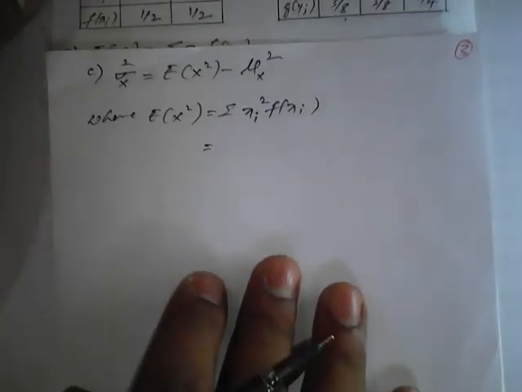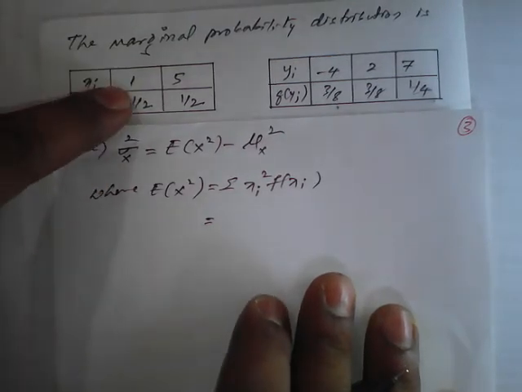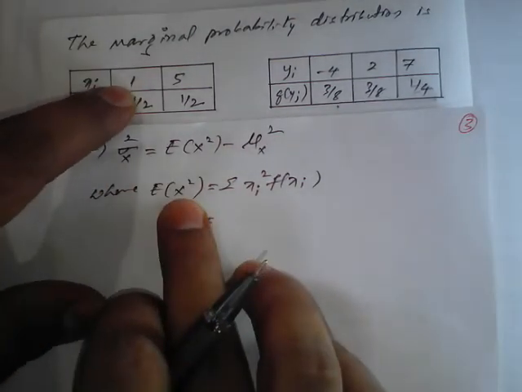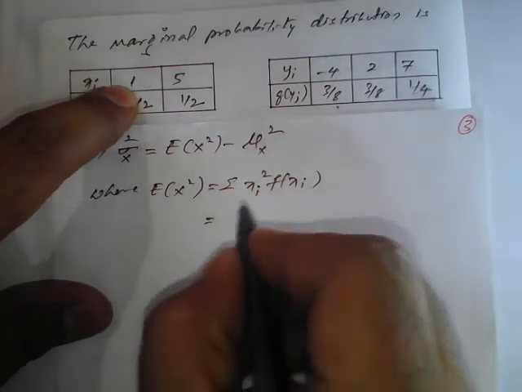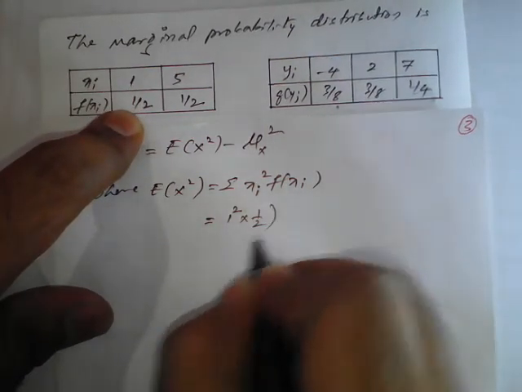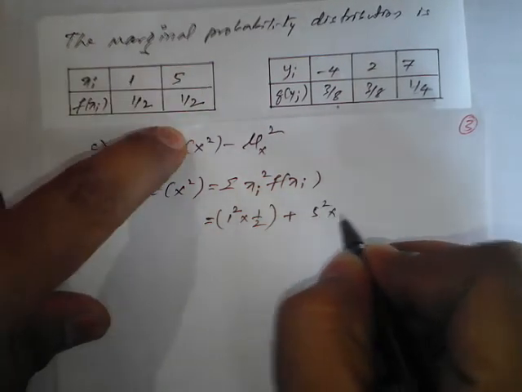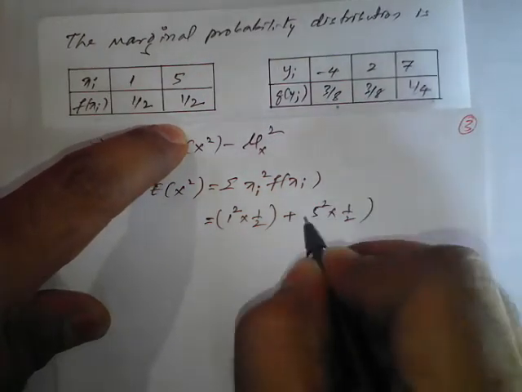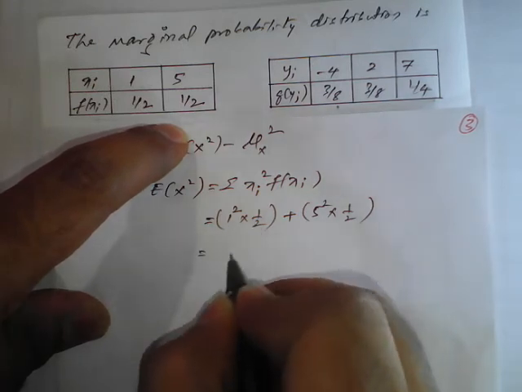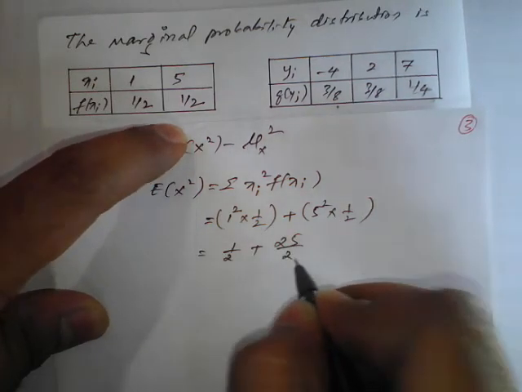I will use the table here. While finding this expectation of x square, we use 1 square into 1 by 2 plus 5 square into 1 by 2. To simplify, 1 square is 1, so 1 by 2 plus 5 square is 25, so 25 by 2.